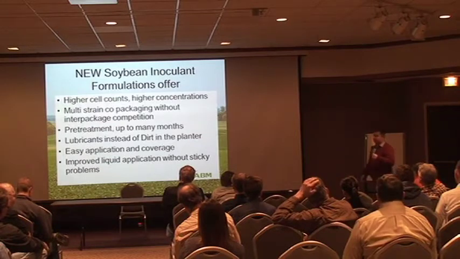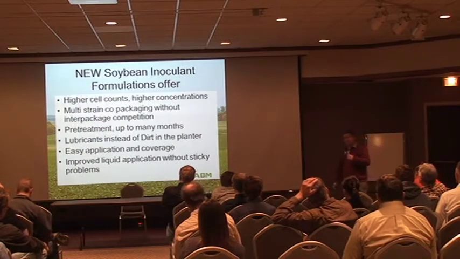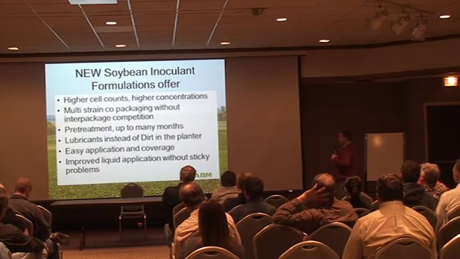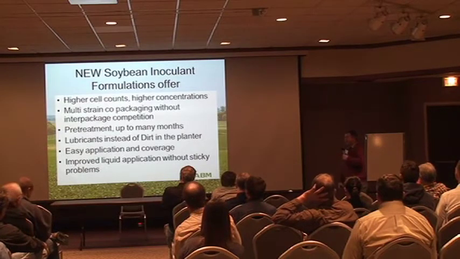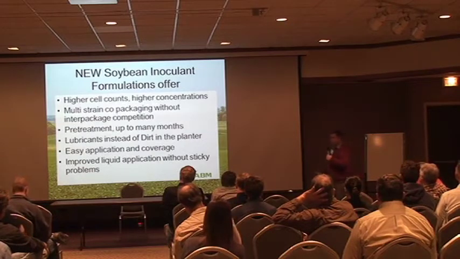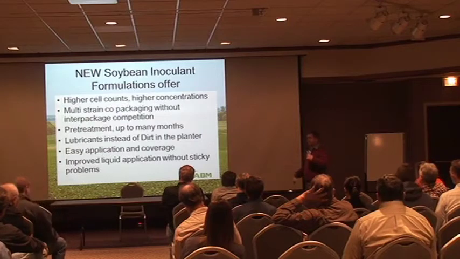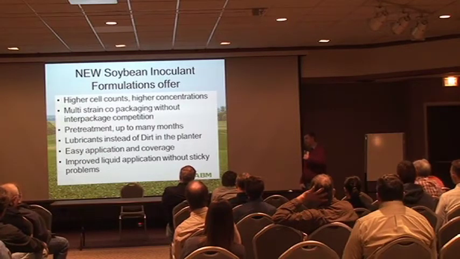And if you talk to Kinsey, they say that peat or humus-based products really are detrimental to that. They tear them up. So there has been advancements in the marketplace where we've been able to take talc and graphite combinations, blend that with rhizobia, and use that as a carrier. So no longer do you have to dump dirt in the planter for an inoculant. You're dumping talc and graphite that has the rhizobium.